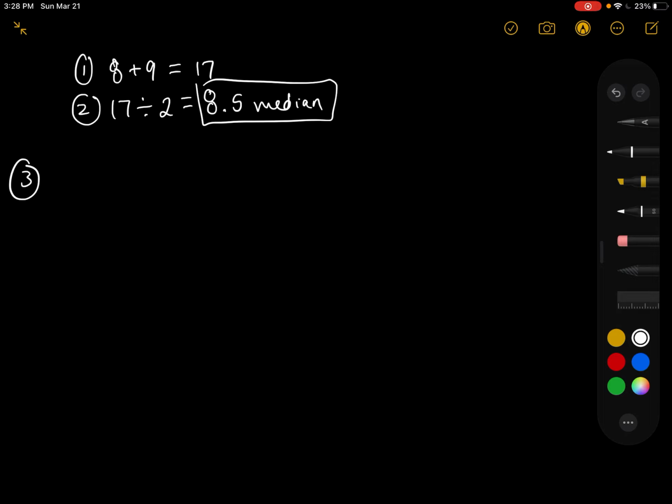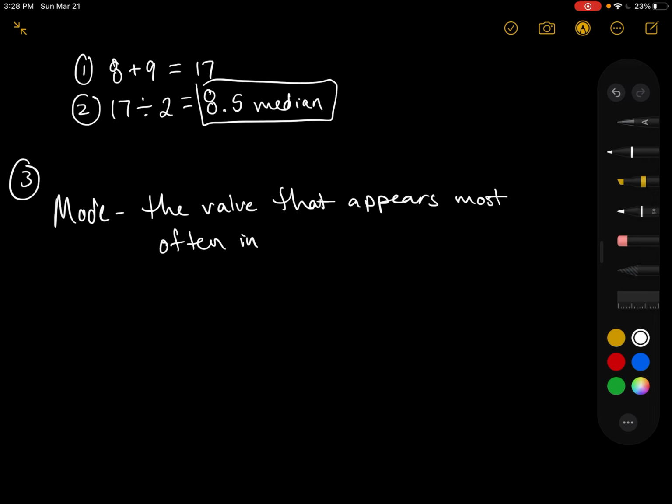All right, last skill for this video is going to be the mode. This, for a lot of people, is a nice one because there's not a whole lot of calculating here. So the mode is the value that appears most often in a data set.